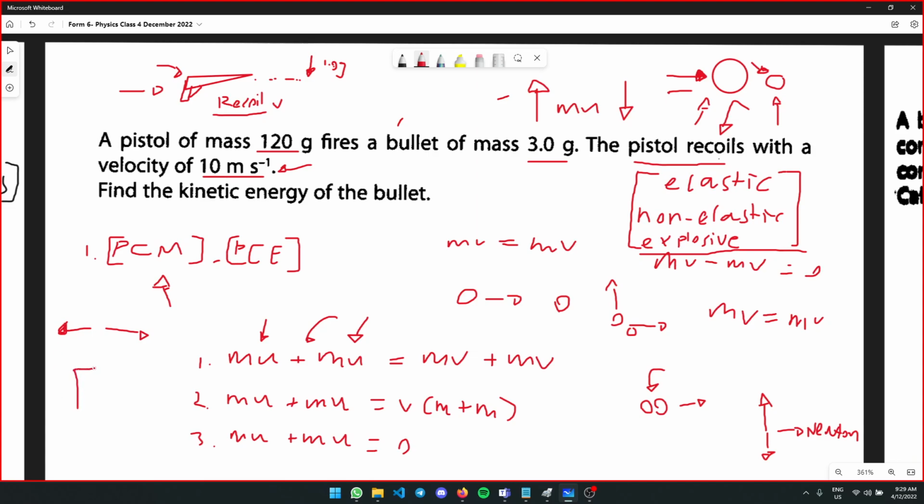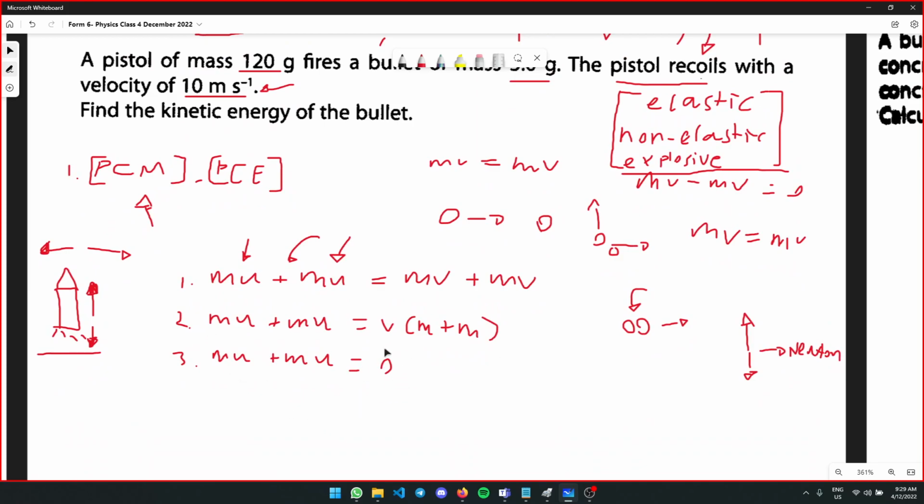Like a rocket going up: the propulsion goes one way and the rocket moves up, so they are equal in momentum. Usually we just say mu plus mu equals 0. So if it says recoil or rocket or anything explosive, just remember mu plus mu equals 0. I hope this jogs your Form 5 memories.